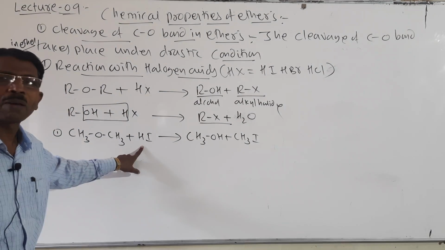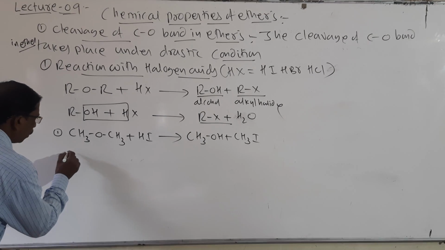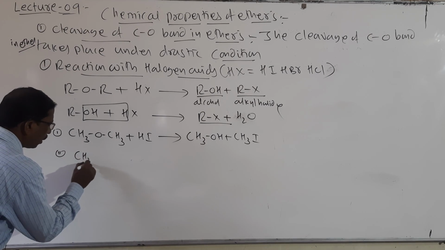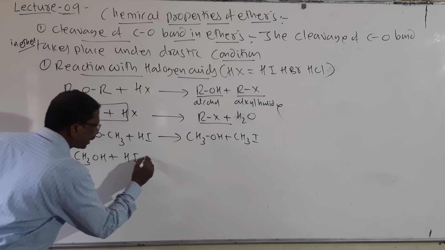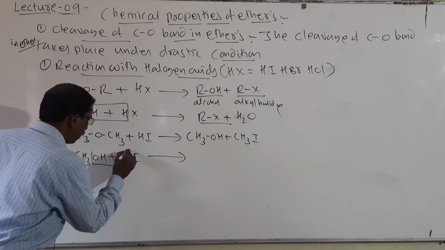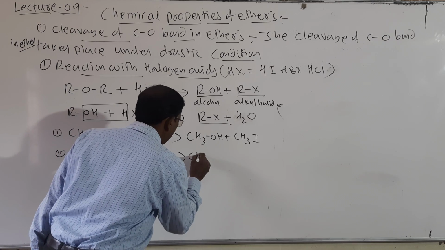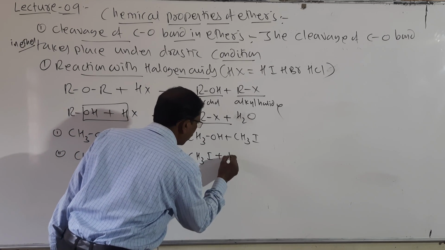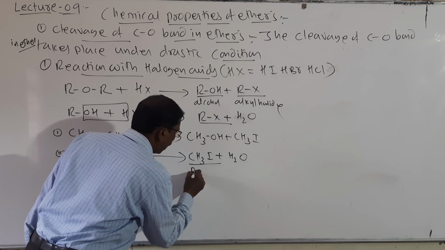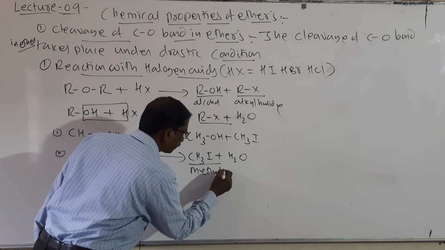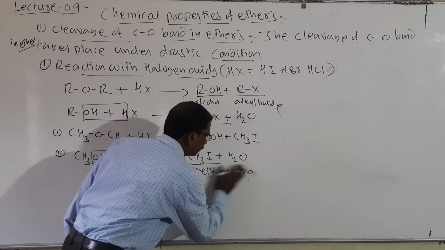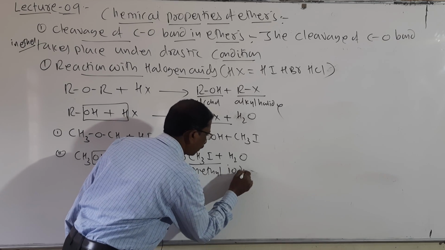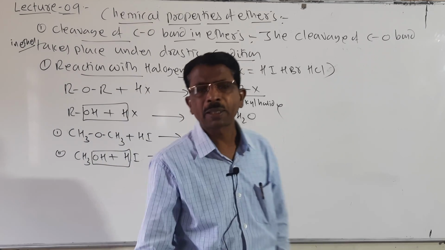And if you use excess of HI, this methyl alcohol CH3OH reacts with hydrogen iodide, water is eliminated, and it forms methyl iodide as the main product.